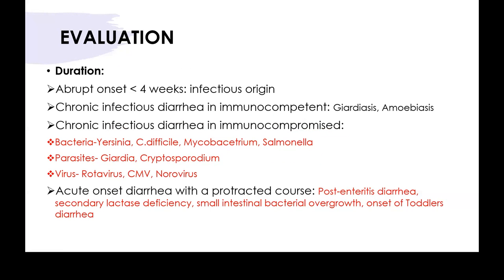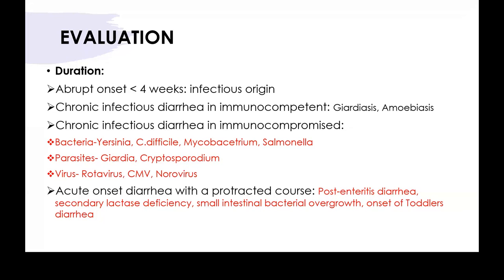Next, based on the duration: if the diarrhea is of abrupt onset in a previously well child who did not have any significant GI problems, and is lasting less than 4 weeks initially, you have to think of an infectious origin. This is the protracted or persistent diarrhea group, right? For chronic infectious diarrhea in the immunocompetent group, you have to think of giardiasis and amoebiasis based on your geographical area.